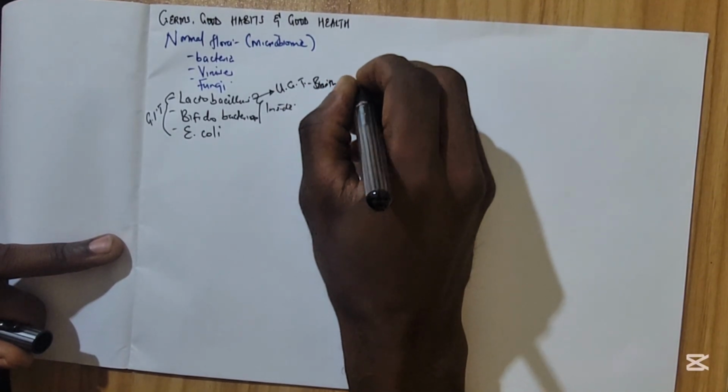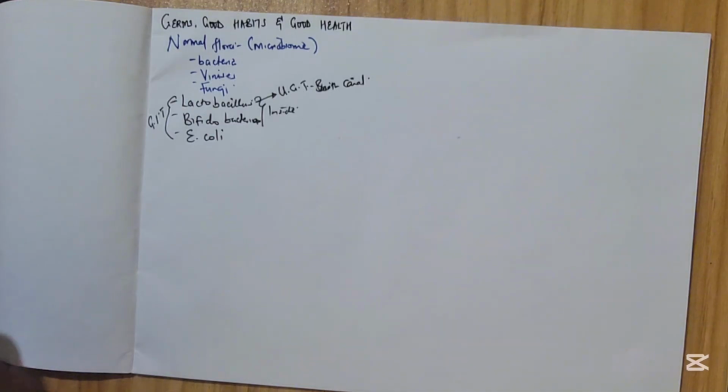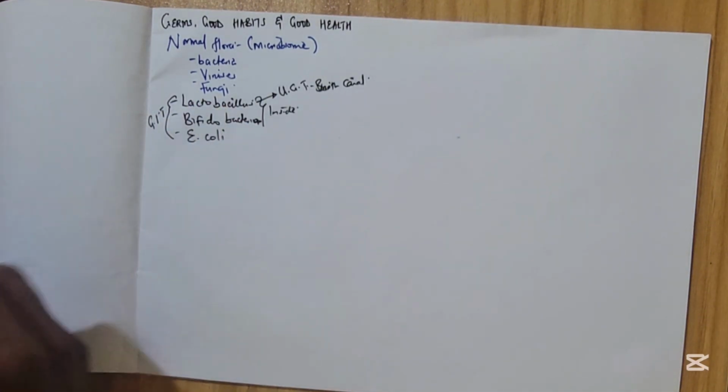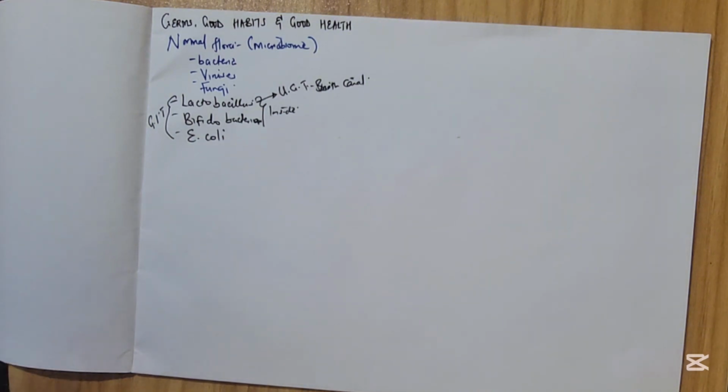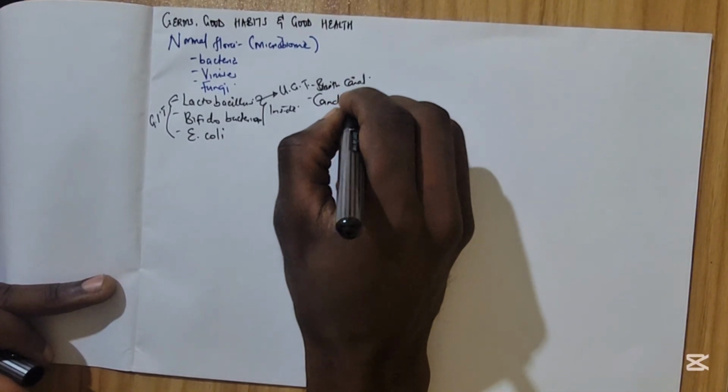Speaking about the mothers, the birth canal is inhabited by the lactobacillus bacteria species. That's why a disturbance in this species is key to the occurrence of what we call candidiasis.